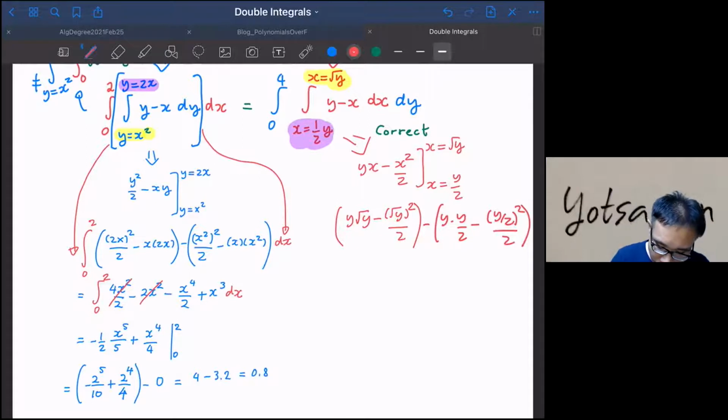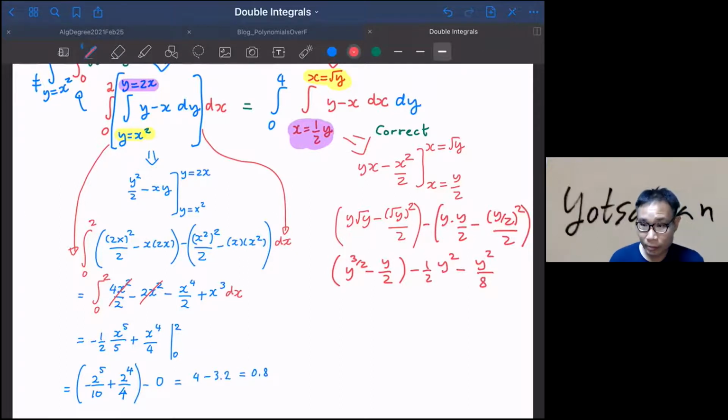So for this one, it's going to be y to the 3/2 minus y over 2, and you have 1/2 y squared, and you have minus y squared over 8 for the final term.